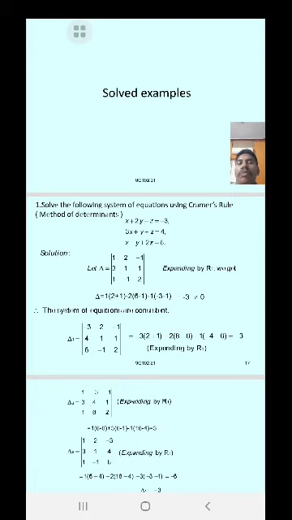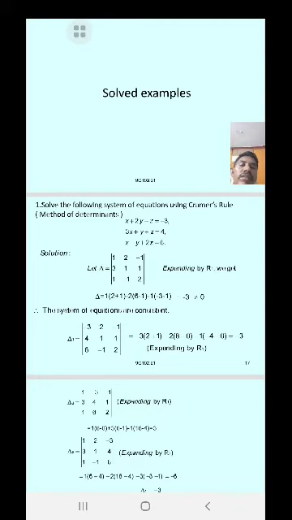x plus 2y minus z equals minus 3. 3x plus y plus z equals 4. x minus y plus 2z equals 6. Solution: let delta equals the determinant of 1, 2, minus 1.